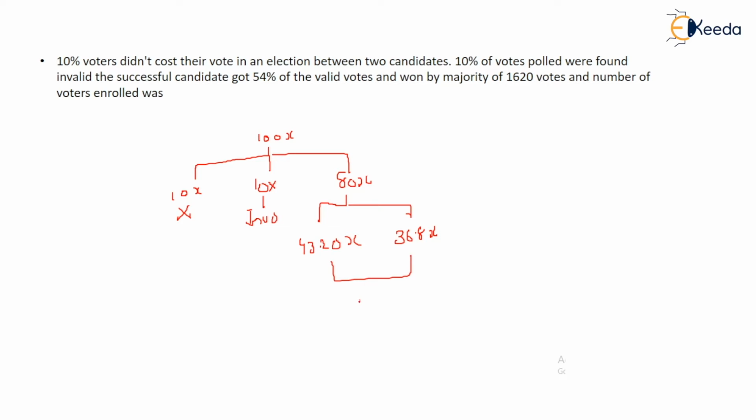So the difference between them is 1620. So you can simply minus, 43.20 minus 36.80. So this comes out to be 6.4x equal to how much? 1620. Now you can find out simply the value of this. So 1620 divided by 6.4 will give the number of votes.